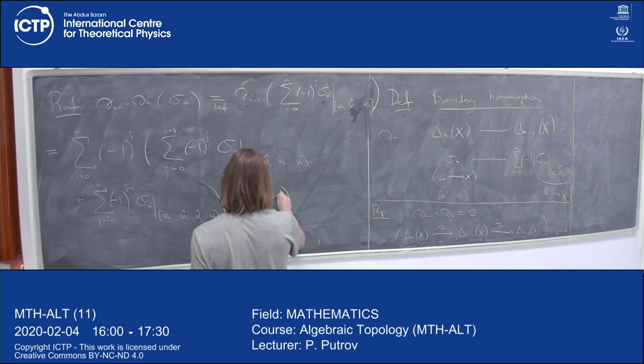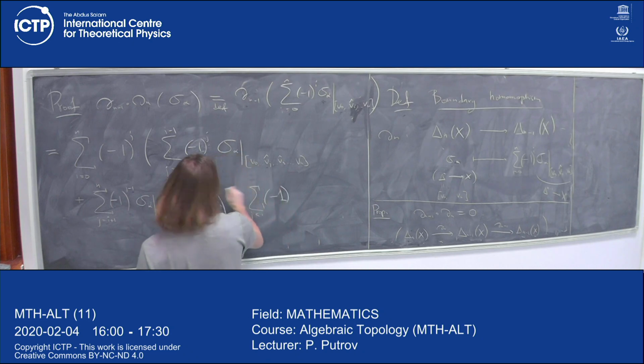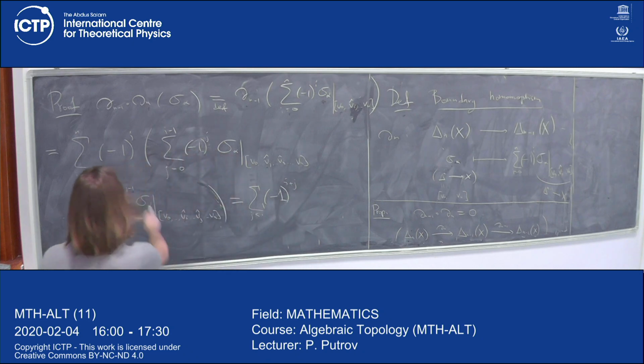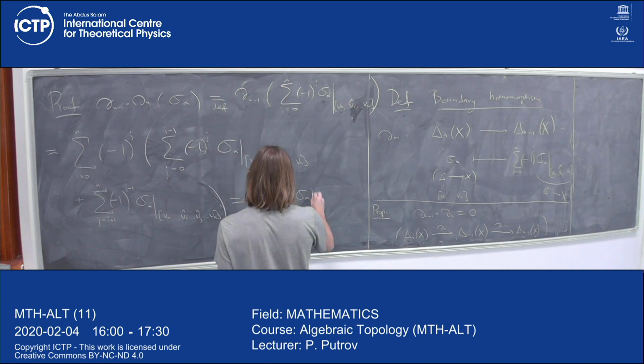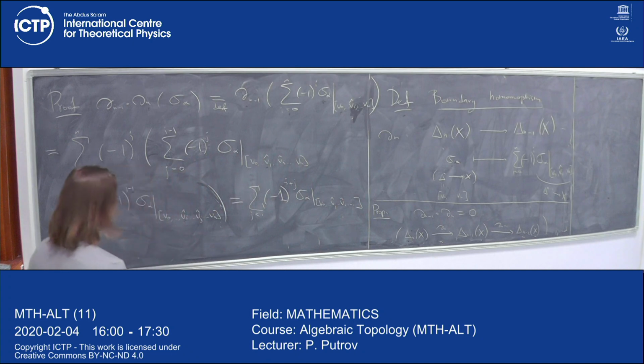The coefficients will be minus 1 to the i plus j, just the multiplication of these two things, and then there will be σα.